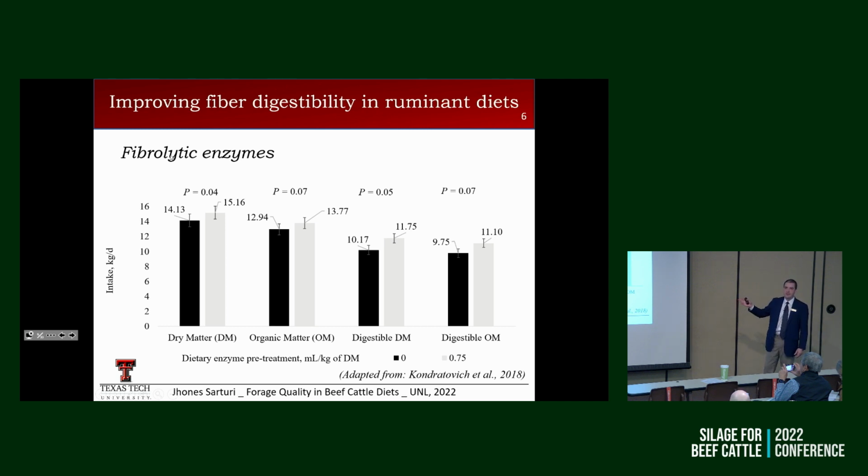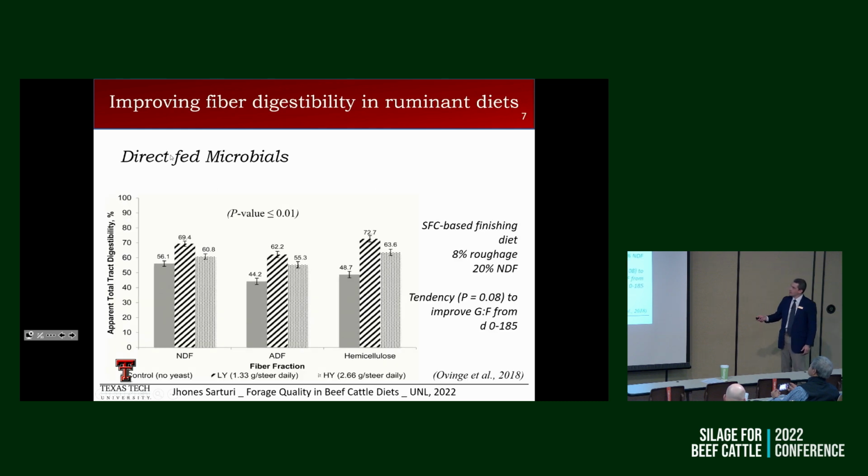There are some technologies available out there, and in this case, improving dry matter and organic matter. You can be the judge of this p-value, but including the amount of digestible dry matter and organic matter that these animals were consuming, which is a combination of improved digestibility and improved intake as well. So there are some technologies out there that can improve that forage quality, okay?